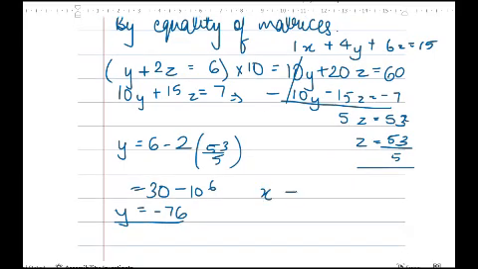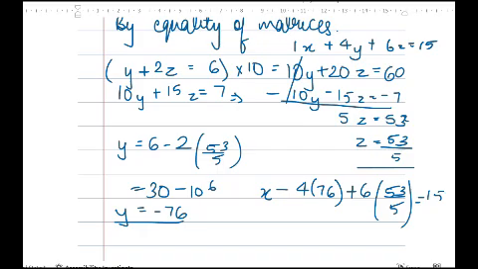So 1x, that means you have to find, plus 4y, so it becomes a minus over here. We'll write minus 4 into 76 plus 6 into z, right? 6 into 53 by 5 is equal to 15.